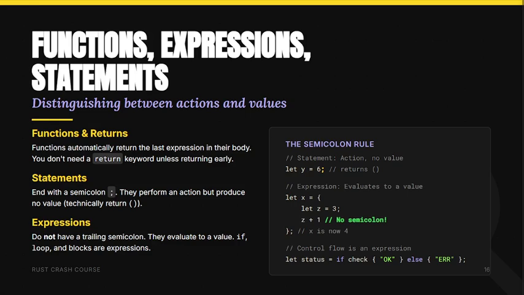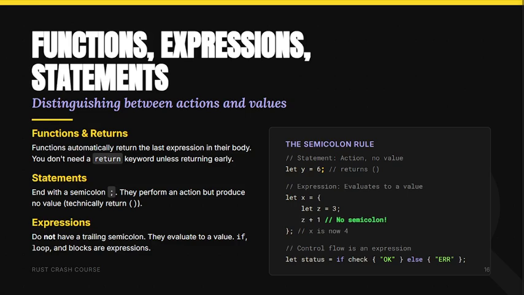In the curly brackets we have let z = 3, then z + 1, and we have no semicolon. x is now 4. This block is an expression. Its value is z + 1, which is 4. Note that z + 1 has no semicolon. That's what makes it an expression that returns a value.